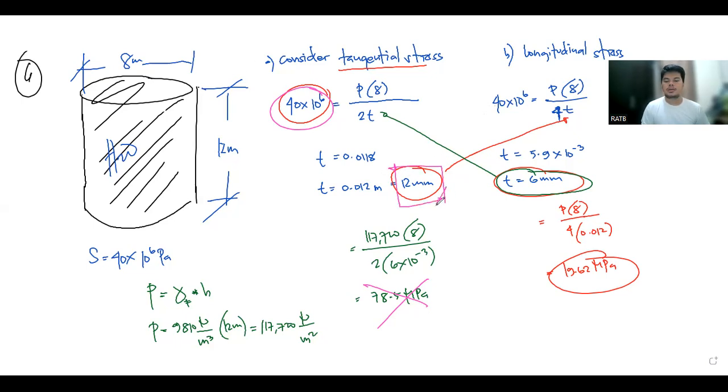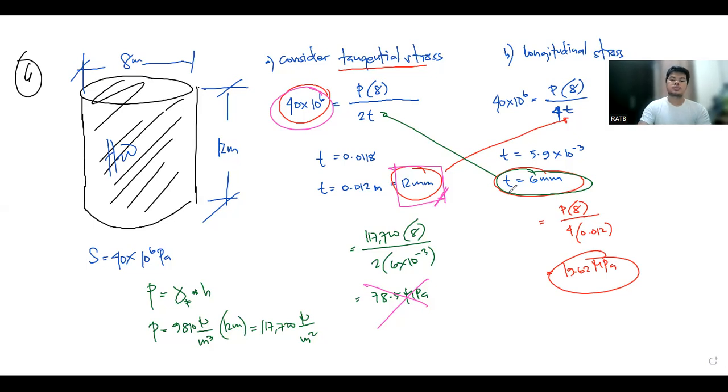So we do not decide based on the number by saying 6 mm is smaller than 12 mm. We have to consider the scenario as presented, the longitudinal stress and the tangential stress, and see which one can pass. The maximum required thickness would be the final answer.